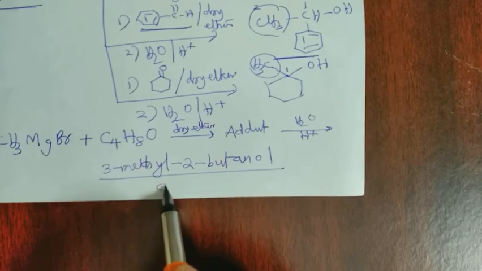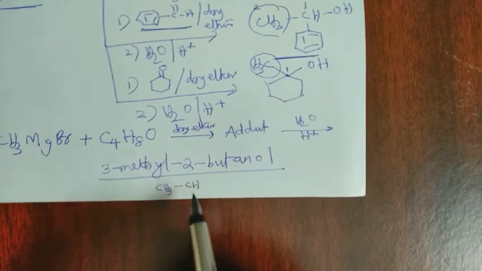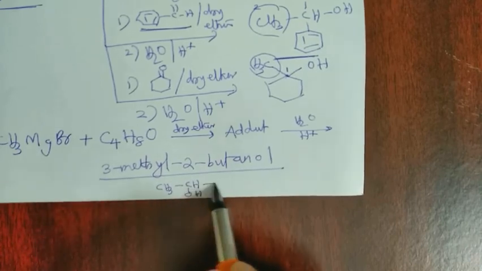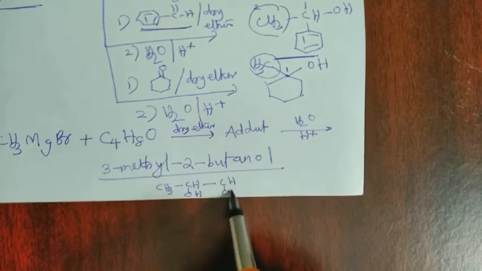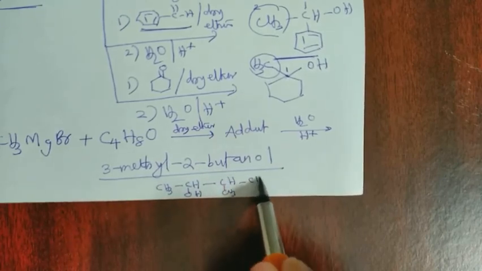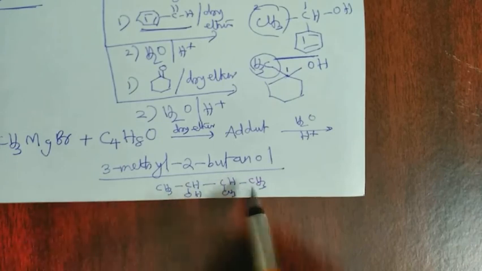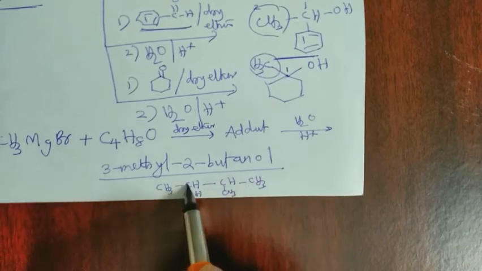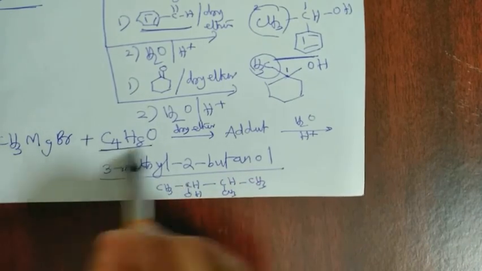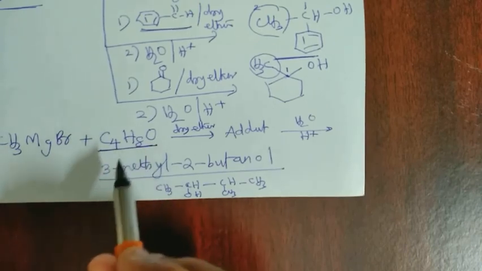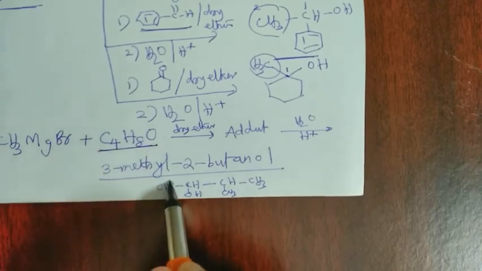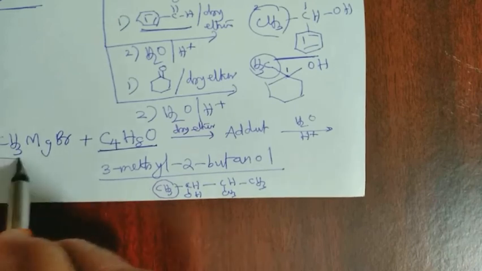First of all, draw the structure of this alcohol. CH3-CHOH-CH(CH3)-CH3. This is 3-methyl-2-butanol. It is a secondary alcohol. Therefore, this component should be an aldehyde. The methyl group comes from the Grignard reagent.